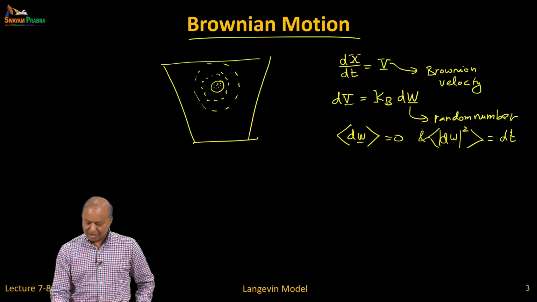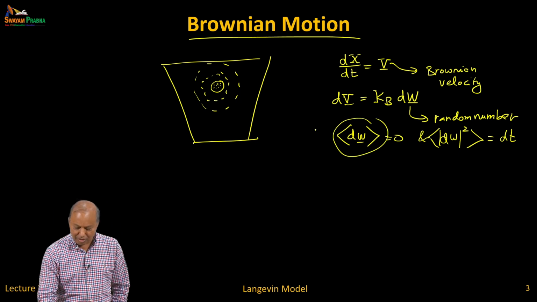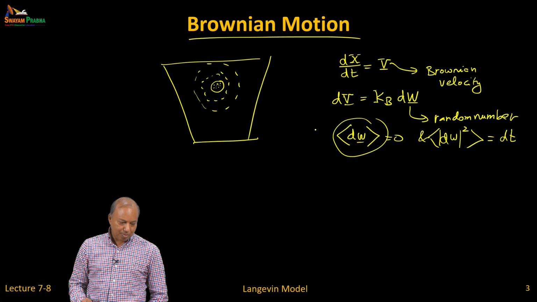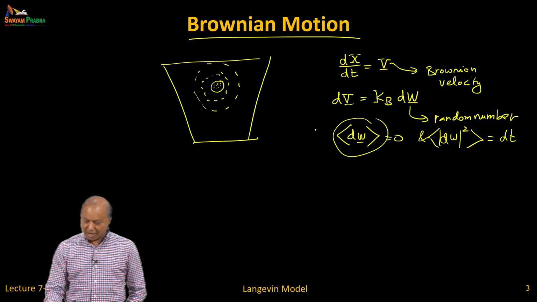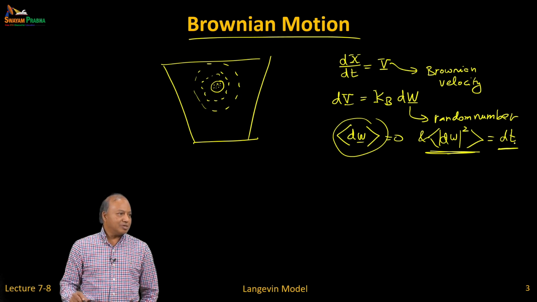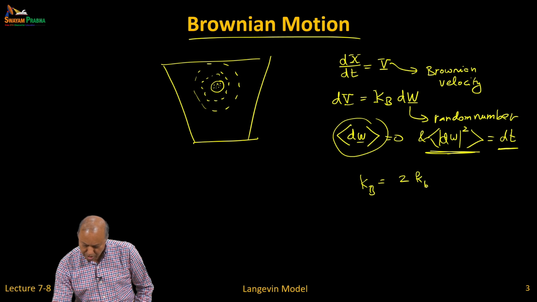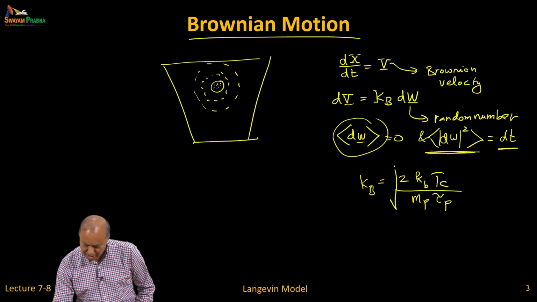When you average over lots of different particles, the random number you generate, dW, this is a white noise process, it will have 0 mean and its variance will be equal to your delta t. So this is what you do, and this kb is a well known constant tied to the thermal temperature of this medium, mass of the particle, time scale of the particle.